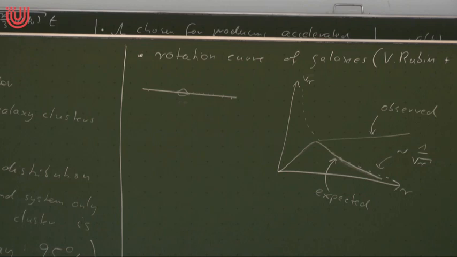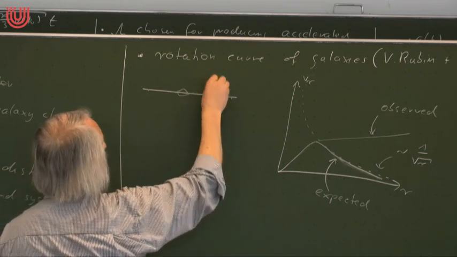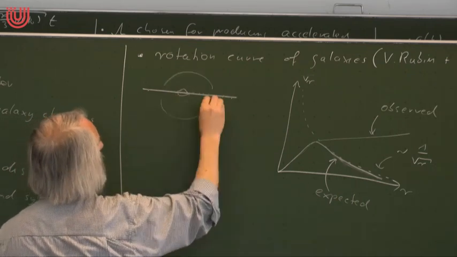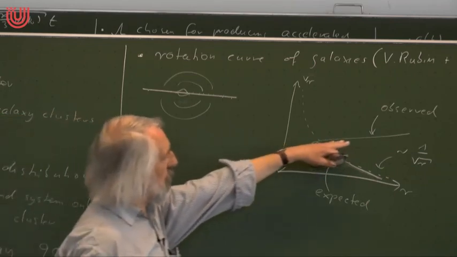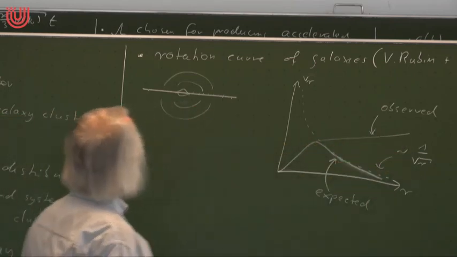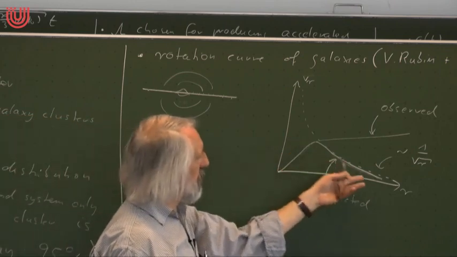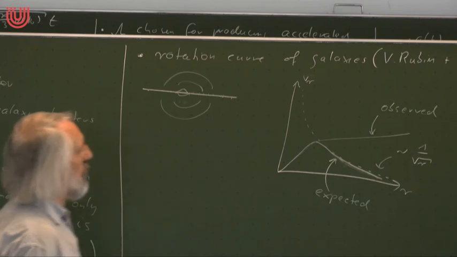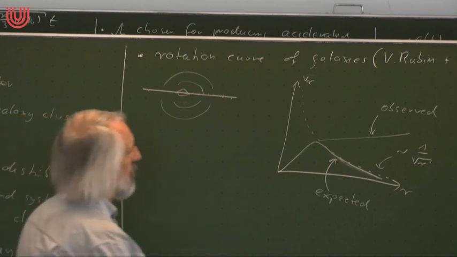So what's the interpretation? The interpretation is that in a region where we don't see anything, here in this region, there must be matter which keeps this curve up. There's not this fall off which the ordinary Kepler orbits would give in the potential of the visible masses.